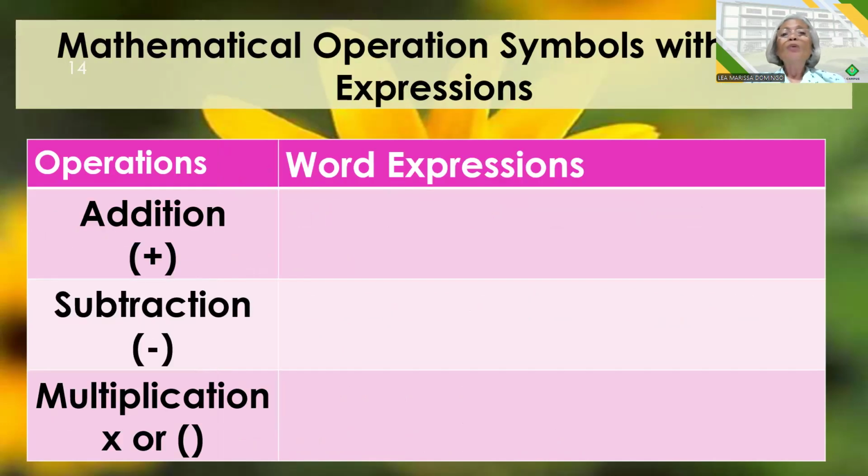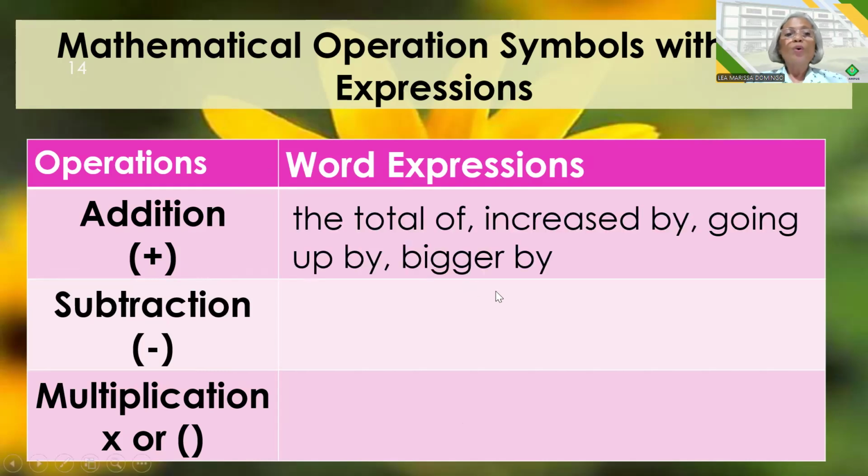Now, about mathematical operation symbols with their expression. So, on the left side of the screen, you have the operations involved, no? Addition with the symbol plus, subtraction with the symbol minus, multiplication, which can be symbolized by X or parentheses, or in some cases, the dot. So what are the word expressions? When we see the total of, increased by, going up by, bigger by, we mean addition.